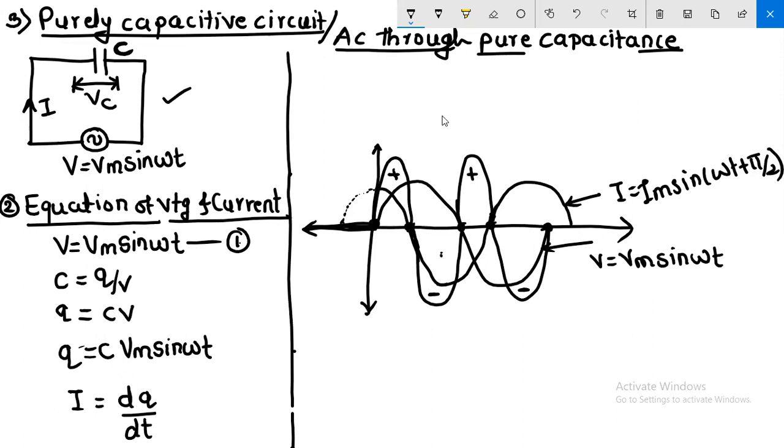The value of average power over the whole cycle in a purely capacitive circuit is nothing but 0. Everybody got this? Yes, sir. Okay, so within 2 minutes you can draw the waveform of voltage, current and power.